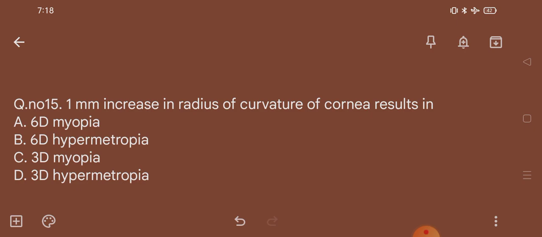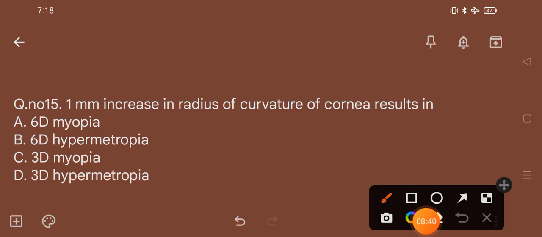Now question number 15: a 1 mm increase in radius of curvature of cornea results in option A 6 diopter of myopia, option B 6 diopter of hypermetropia, option C 3 diopter of myopia, option D 3 diopter of hypermetropia.